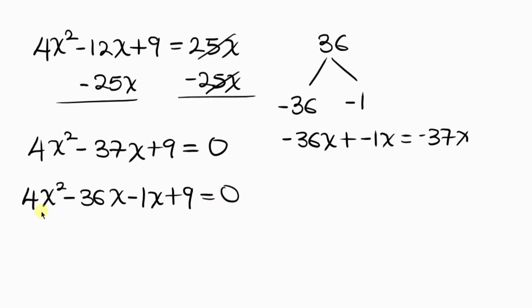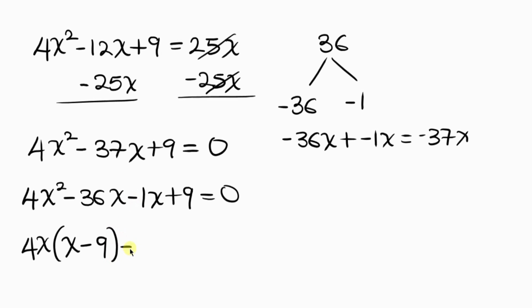Now notice that from the first two terms, 4x is common. So we factor out 4x. Open bracket. So 4x squared divided by 4x, I'm going to have x, minus 36x divided by 4x, I'll have 9.